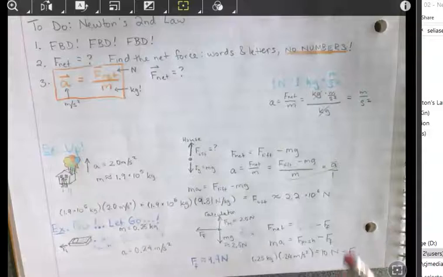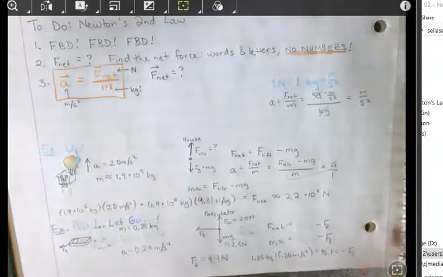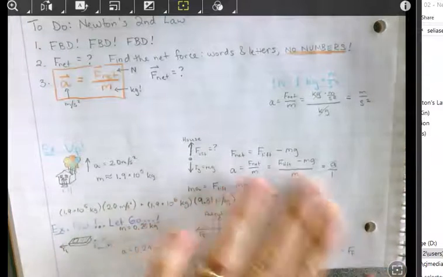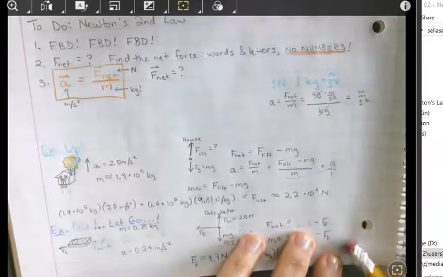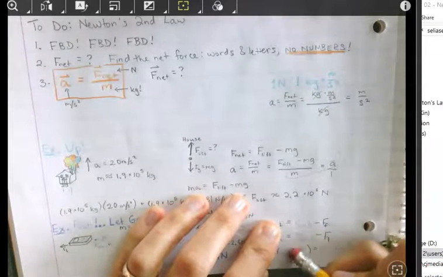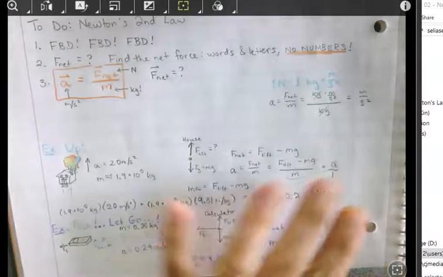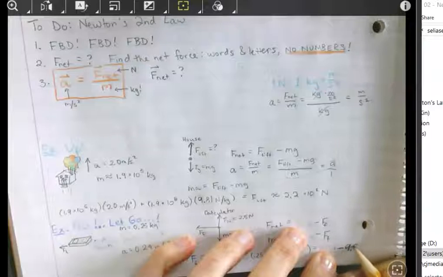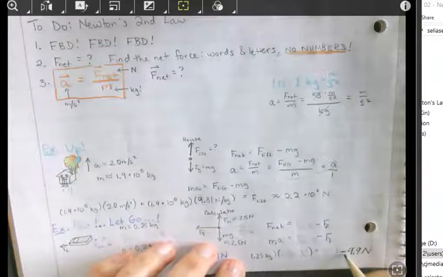How much does it slow down? Finish your analysis. Solve for a. Pause. Press play to check your work. Ready? It's not accelerating at 0.24 meters per second squared anymore. For one thing, it's got a negative acceleration. It's slowing down. You know the force of friction was 9.9 newtons last time it was moving.